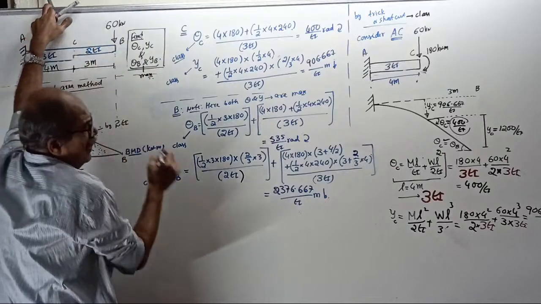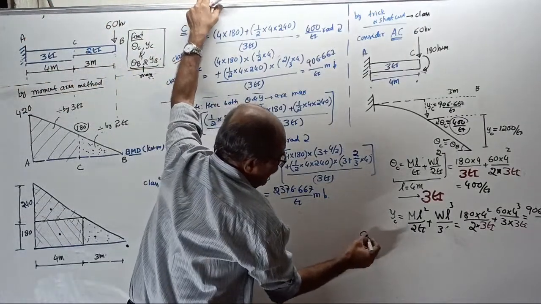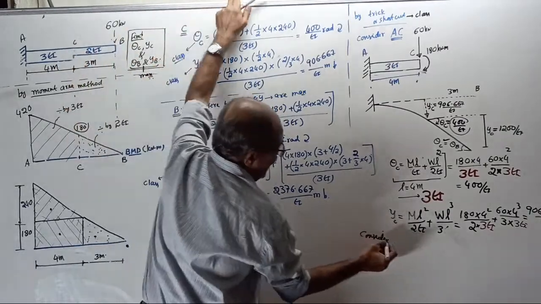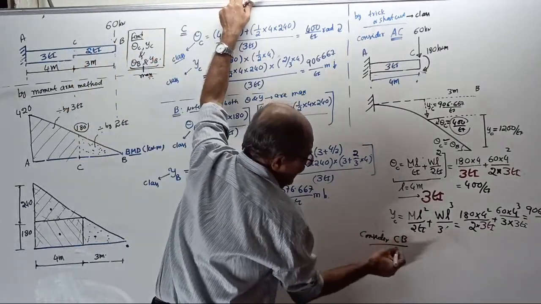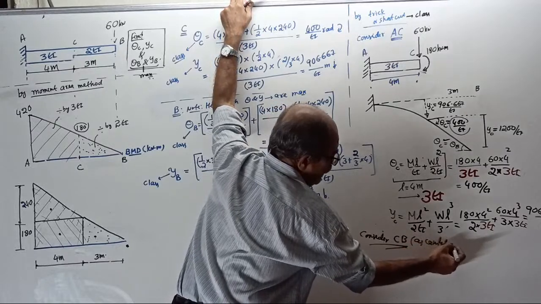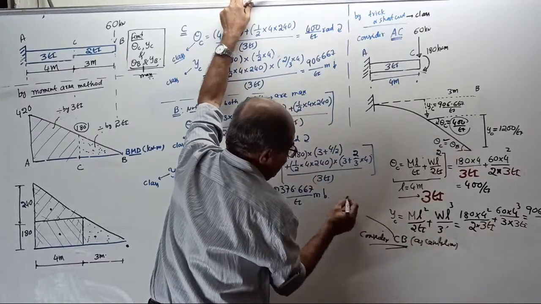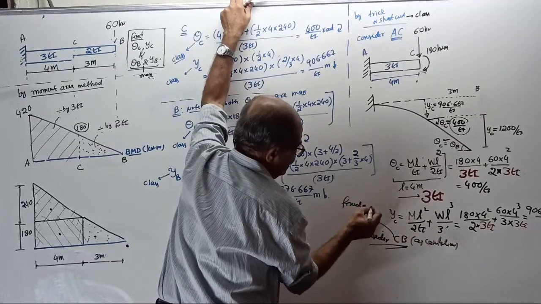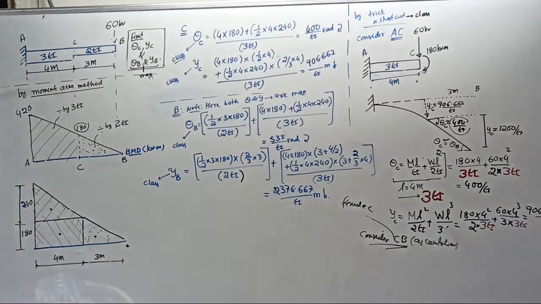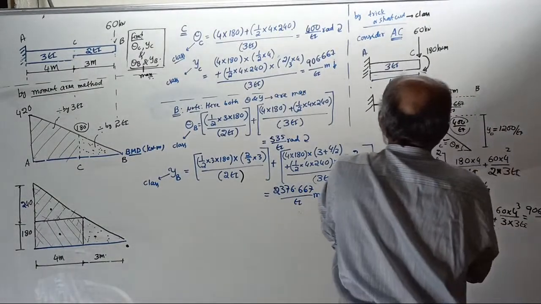Now lastly, consider CB as a cantilever, fixed at C. For that one, I will project it down here.